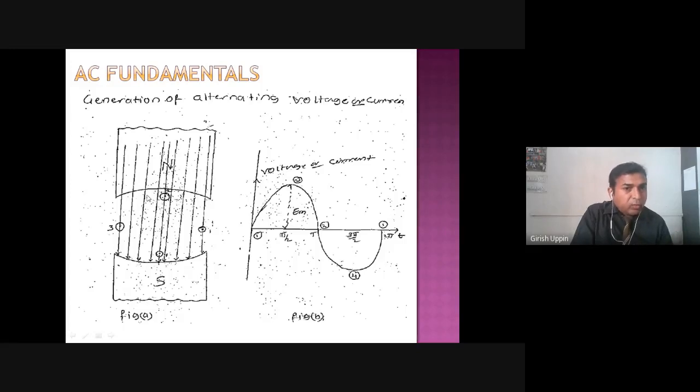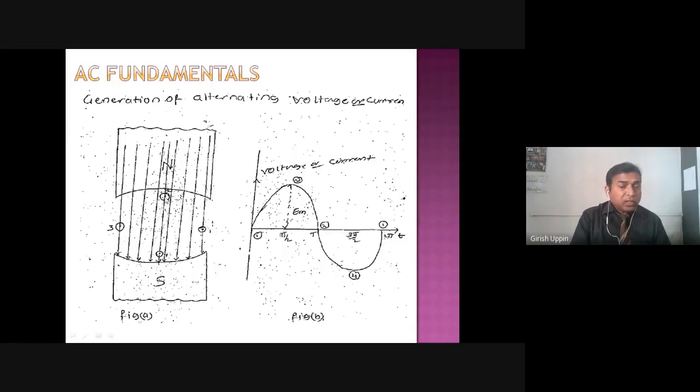The direction of motion and the direction of the flux are at 90 degrees. That is when the conductor cuts maximum flux, when it is moving through position 2. It cuts the maximum flux, or you can say the flux linked with the conductor is maximum.